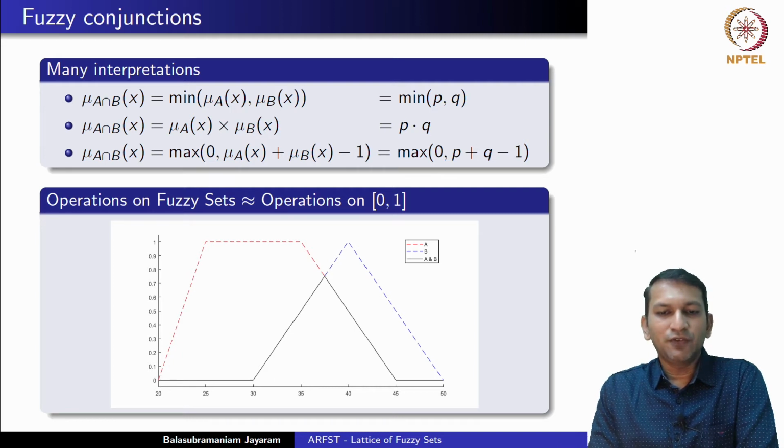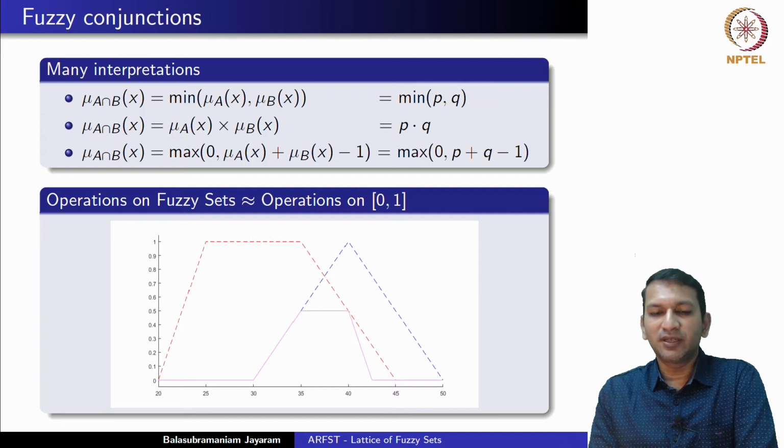If we used the product operation, we would get the fuzzy set as in magenta. Or if we did use the third operation, which later on we will see has been proposed by Lukasiewicz, we would get the conjunction of these two fuzzy sets to be the curve as given in magenta curve.